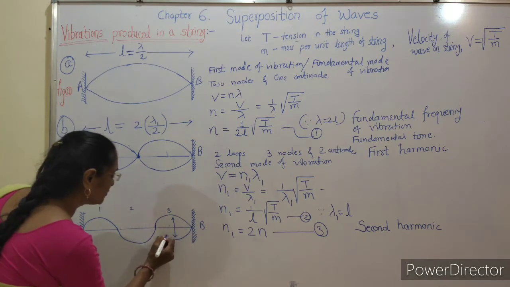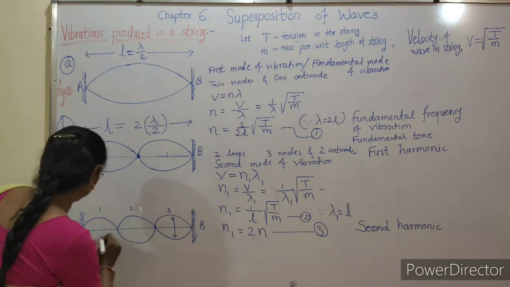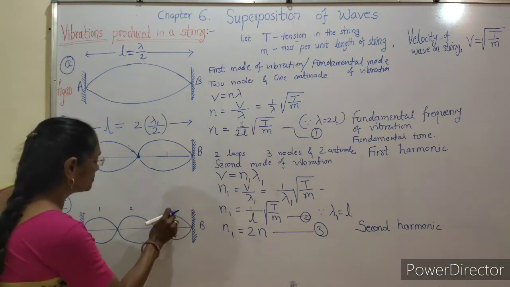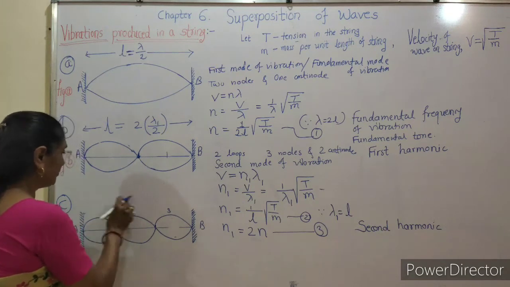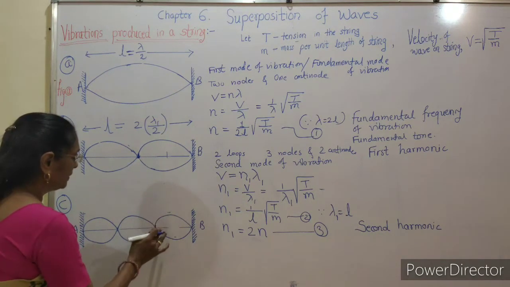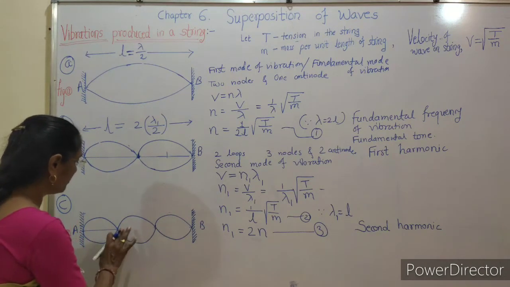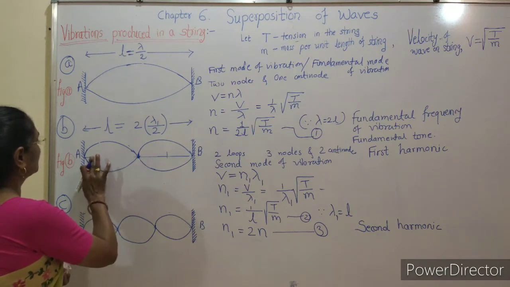From B it gets reflected, and we get 3 loops in this arrangement. 3 segments produce 3 loops here. The string vibrates in such a way that there are 3 loops.